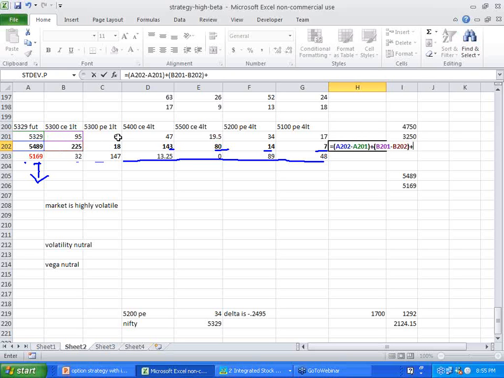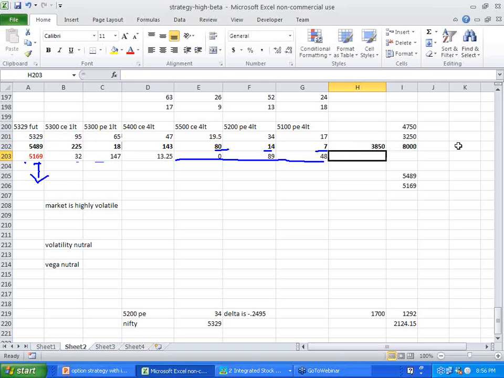Again we sold 65, and it is coming down to 18. So it is a profitable position. This entire thing we have taken as one lot. Multiply it with 50. So 3,800 rupees we can get as profit from this conversion.